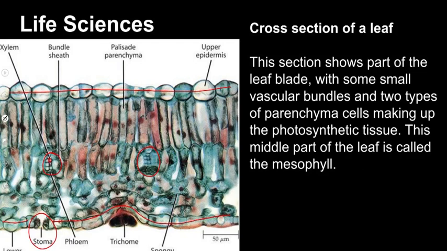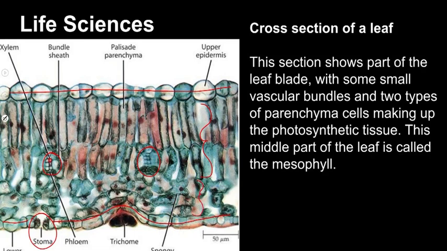Vascular bundles bring the water, the epidermis does the protection, but the main function of the leaf is photosynthesis. So all the rest of these cells are involved in photosynthesis. If we look, we can see that the cells in the middle of the leaf, they're not all the same.